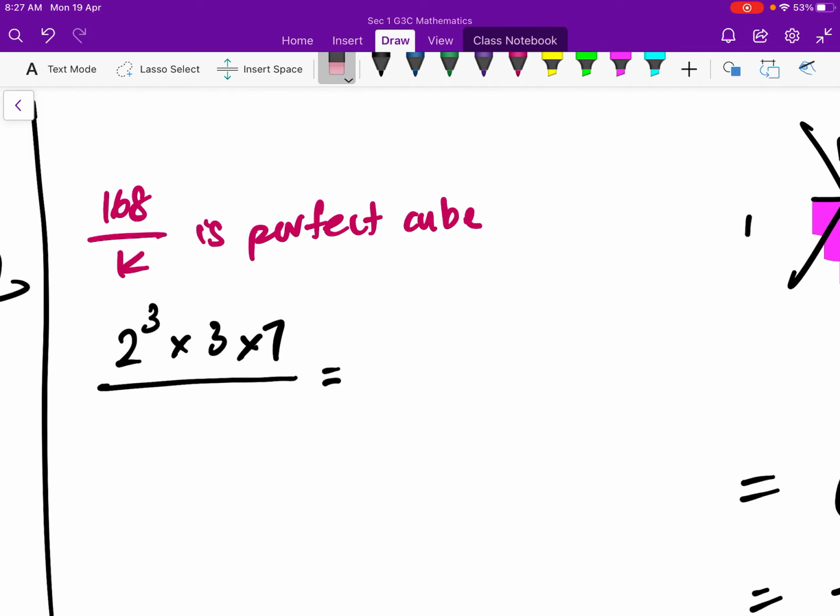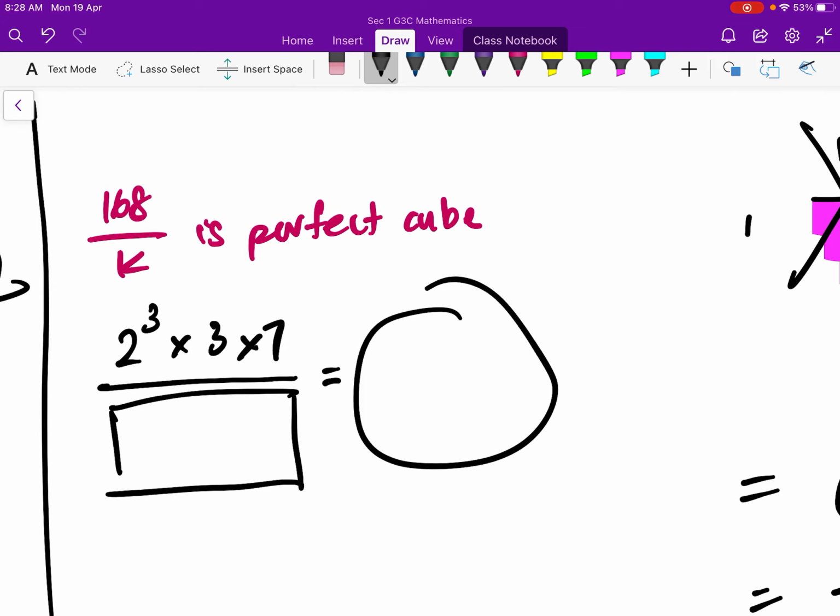To make this a perfect cube, we have to think about what the perfect cube should look like. What do you think the perfect cube should be? This answer on the right hand side. A perfect cube has powers of multiples of 3.